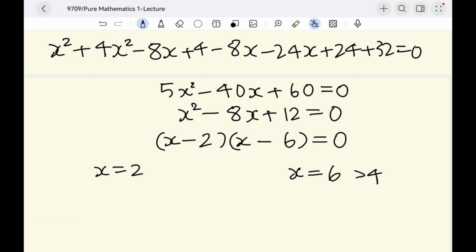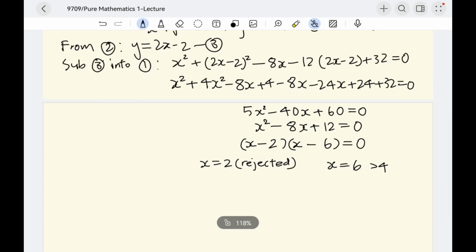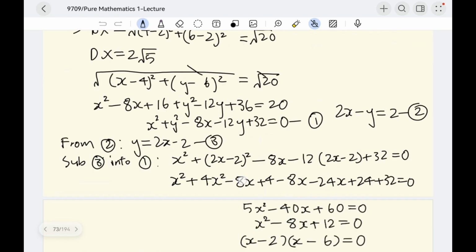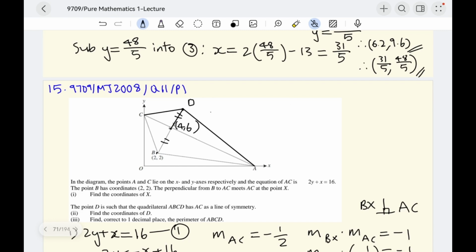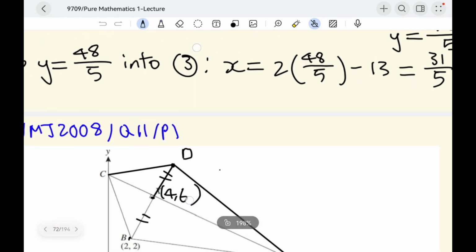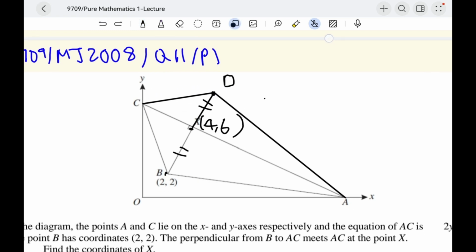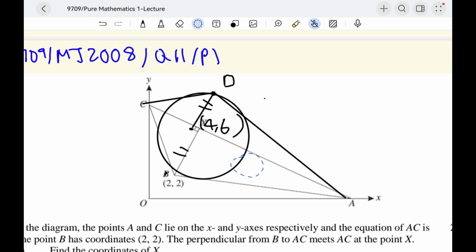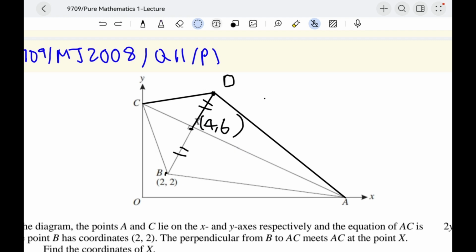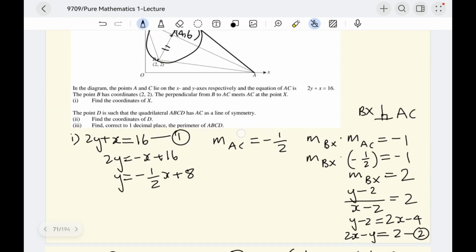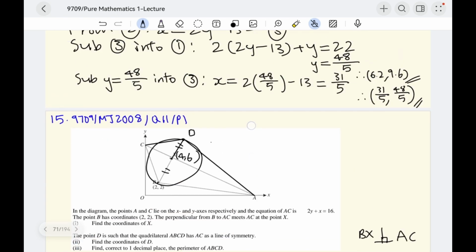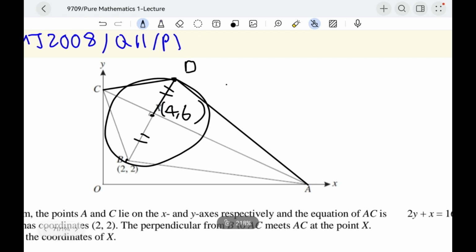For the other case, x equals 2 is rejected because the x coordinate of 2 is actually for the point B. So when you see there's a distance formula, actually you are forming the equation of the circle where B and D intersect the circumference, where the radius is the distance of BX.